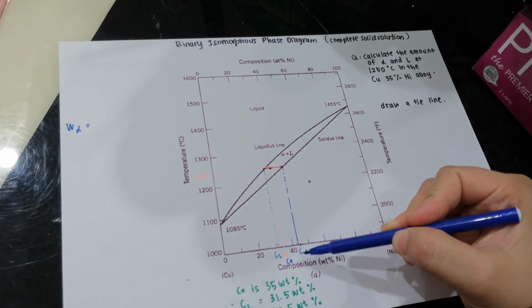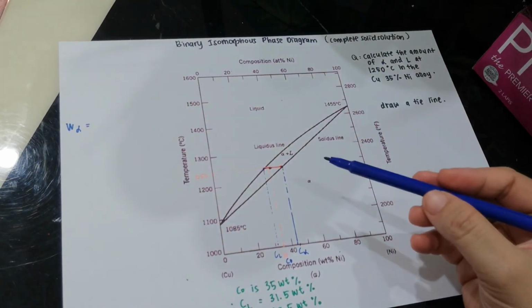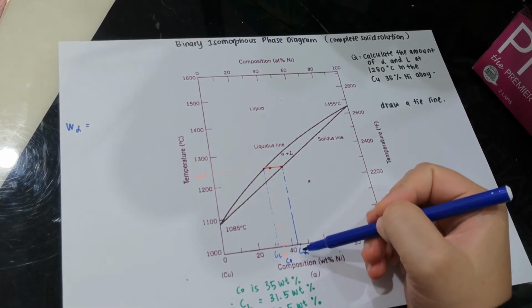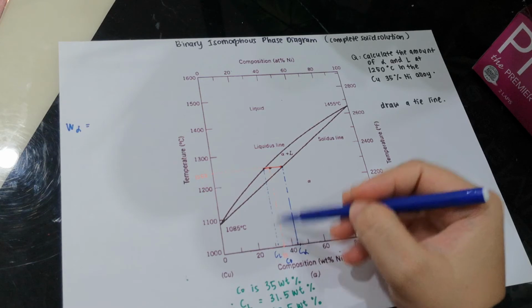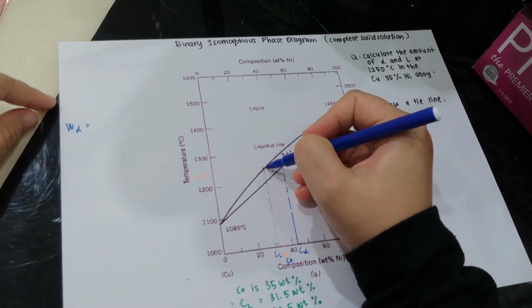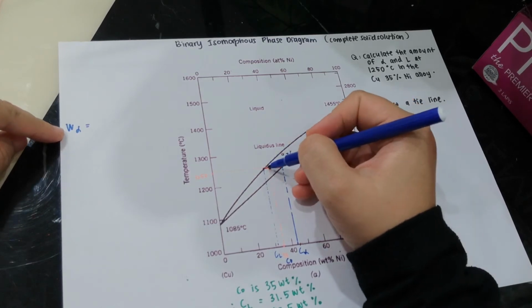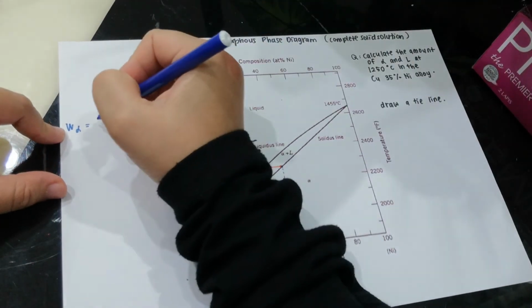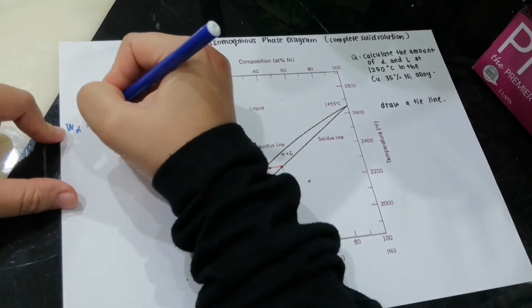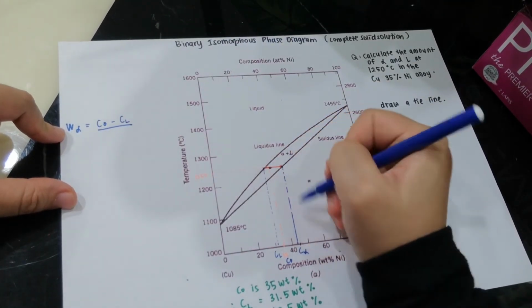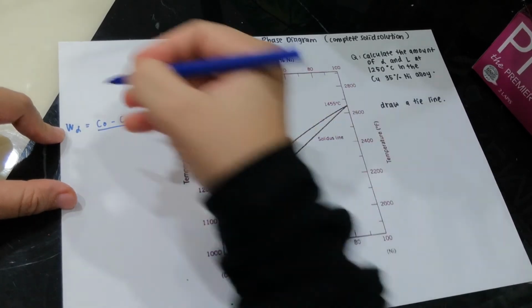So the weight fraction of solid is C naught minus CL here. We will take the opposite. When we want to take the fraction of solid, we take the opposite line, which is C naught to CL here. So C naught minus CL, divided by the entire line here, which is C alpha minus CL.